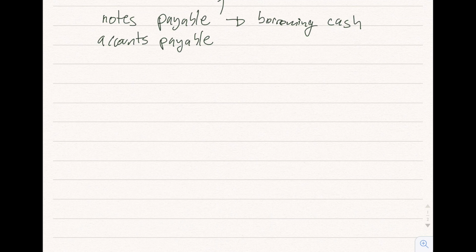We're gonna need a few numbers because in order to successfully record the journal entries, we need to figure out the interest owed, which means we're also going to need to know the principal, the interest rate, and the time period.